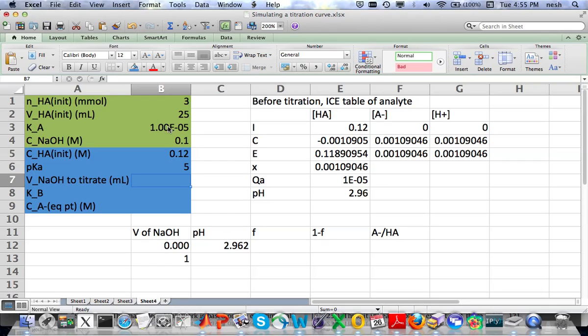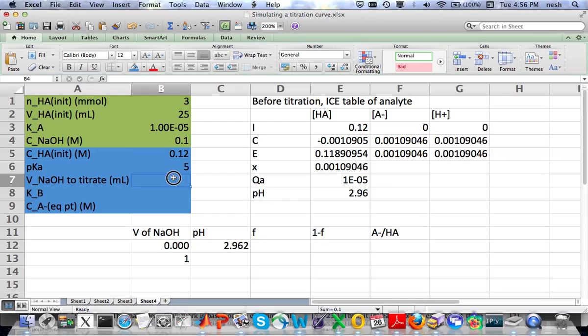Now, how about the next item here? I need to find the equivalence volume, the volume of sodium hydroxide I need to titrate. That must be equal to the number of moles of the analyte solution, that's this quantity here, divided by the concentration of the titrant that I need to use to neutralize it. If you want to give that a try.